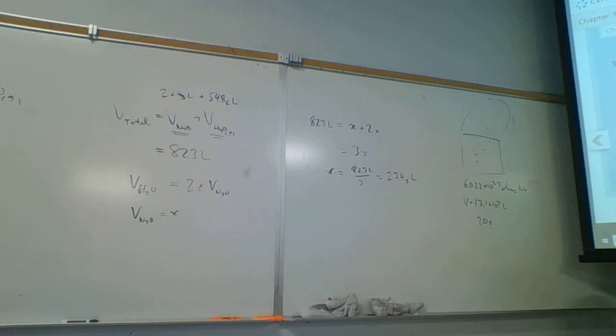Or we could pick water: we can go from 54.86 liters of steam to moles of steam to moles of ammonium nitrate to grams. They both should give us the same answer. You see that? We just pick one or the other because they were made in a stoichiometric ratio. Okay? With this?